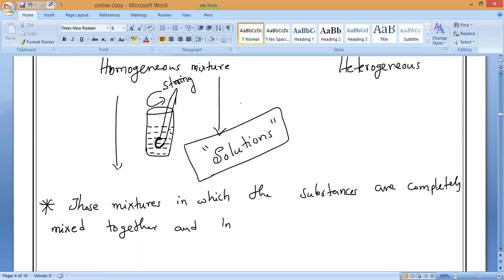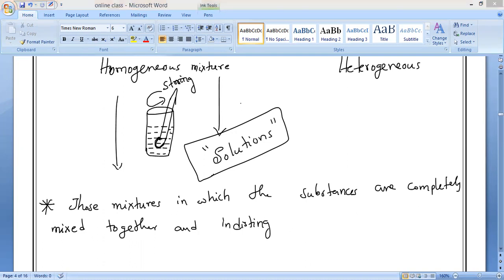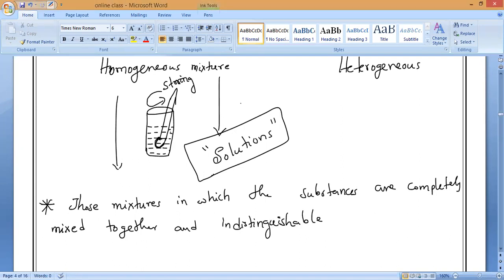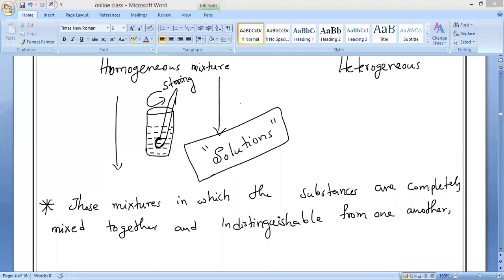What do you mean by indistinguishable? Anybody? Hari? Akilan? You cannot differentiate it. We cannot differentiate. Indistinguishable from one another are called homogeneous mixtures.